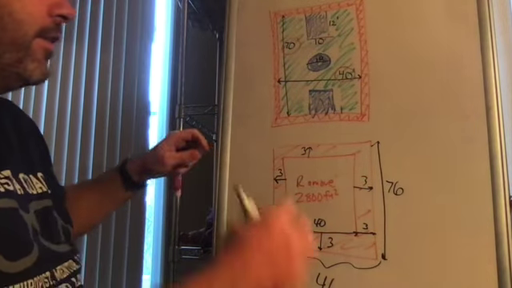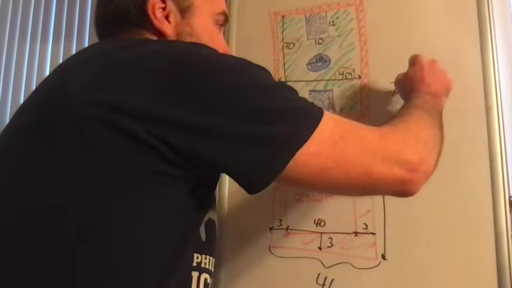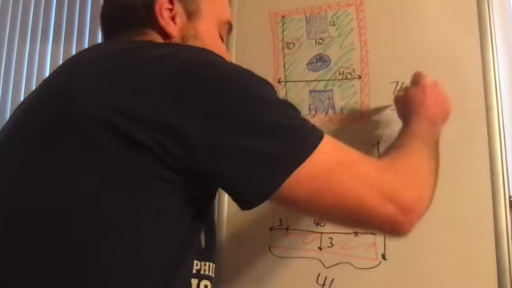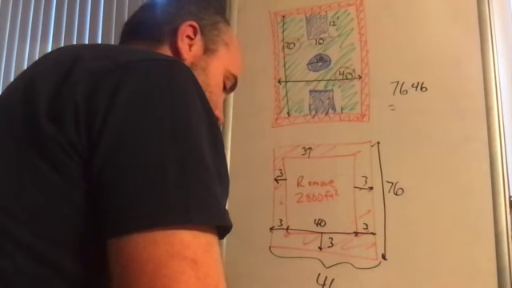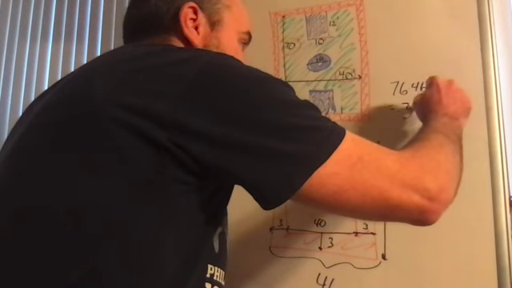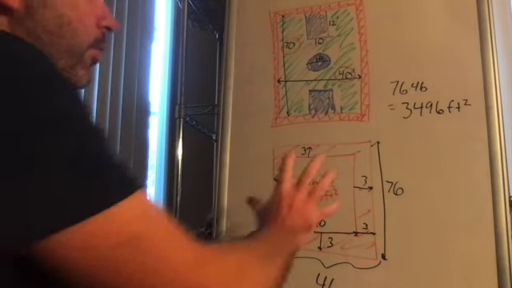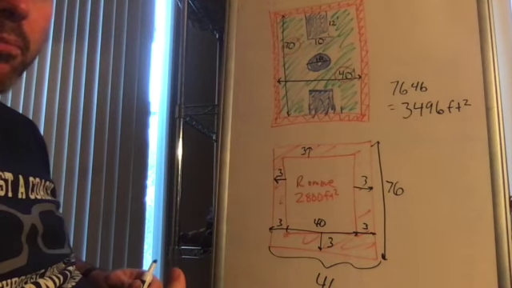So this is going to be 76. So to find the area of the big red rectangle, we would have to take 76 times 46, which is 3,496 square feet. And then as we mentioned, we're just going to remove that middle rectangle.